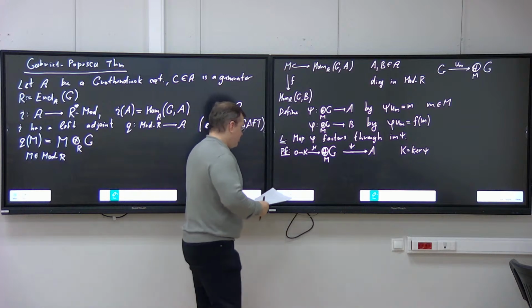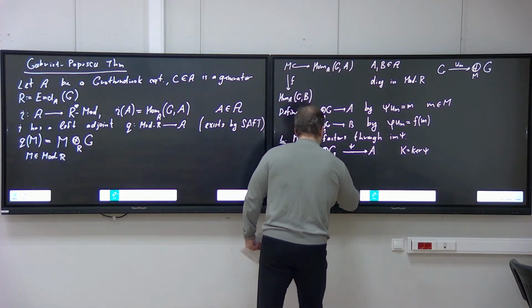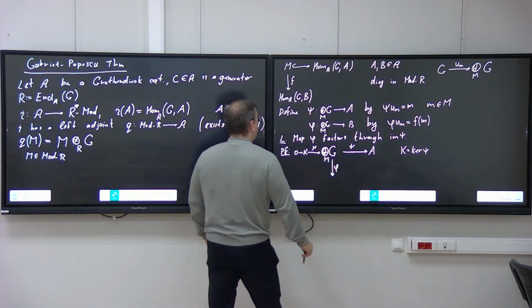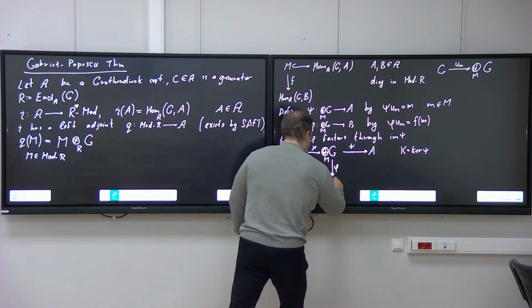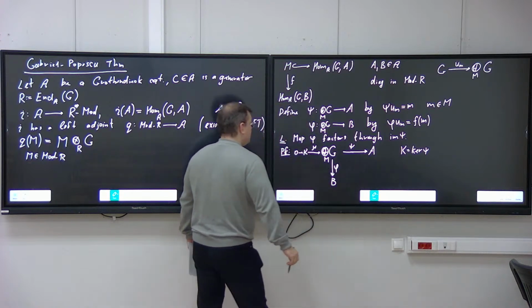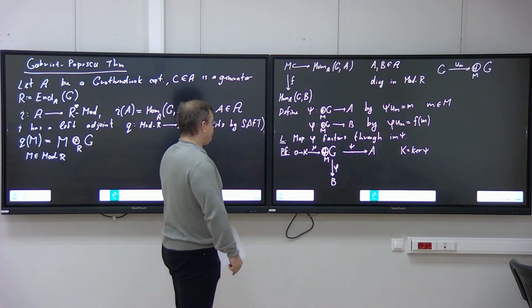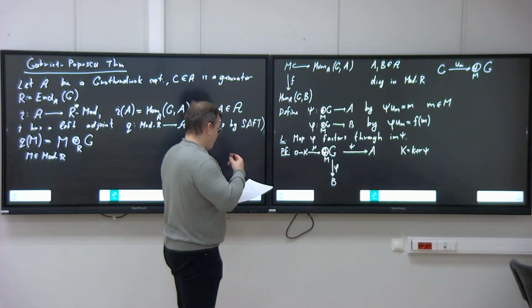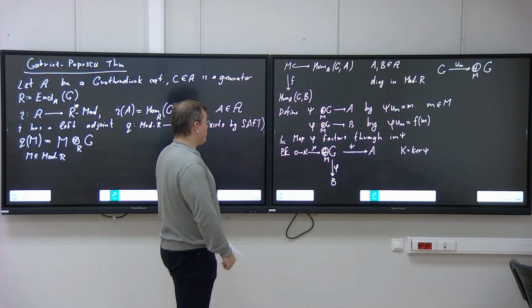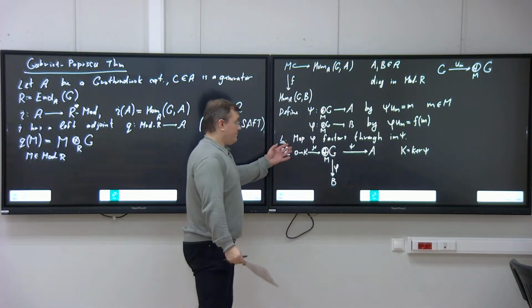Okay, and also there is a map somewhere here which I called phi. This is a map from the same direct sum to the object mu, right? So actually the statement that I'm going to show is an equivalent thing.